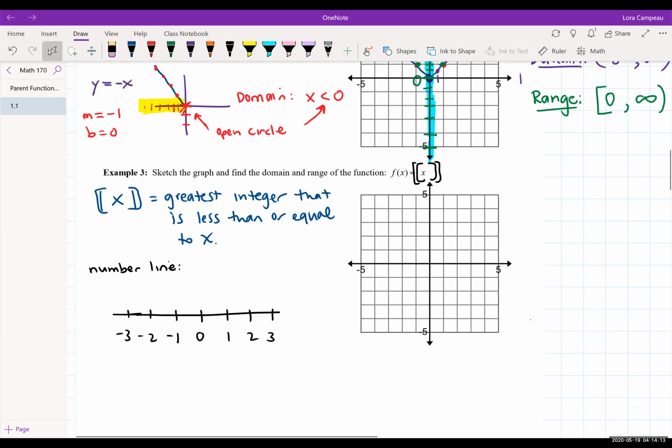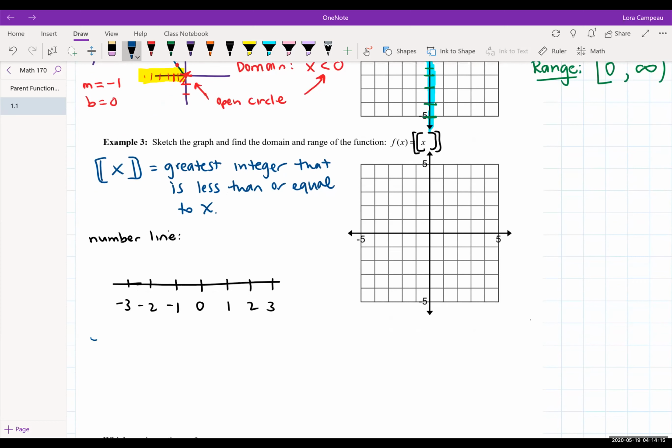And so if we said greatest integer, if we're dealing with 2.5, what I'd like to do is I'll mark where 2.5 is on the number line, just so I can understand what's happening. So that's about here. And I'll draw it above just because I don't have as much room here.